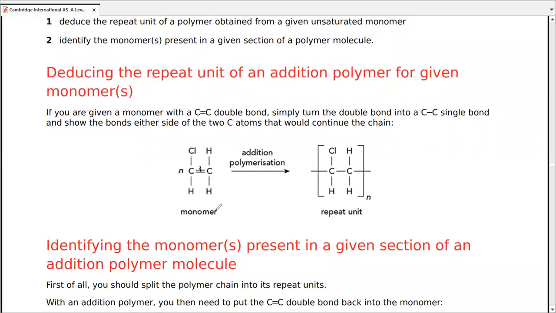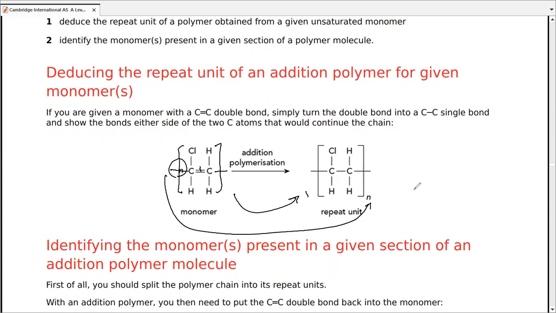Break the double bond, let the single bond stay, and convert it into two single bonds on the other side, which you can enclose with the help of brackets. And there you go, you would be able to convert it into a repeat unit. I hope you already know that the position is also changed.